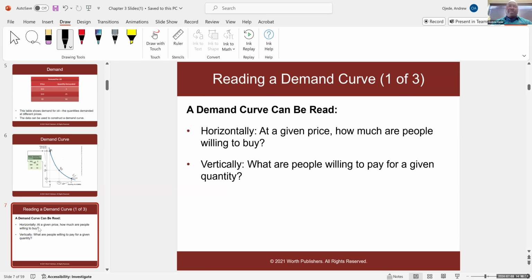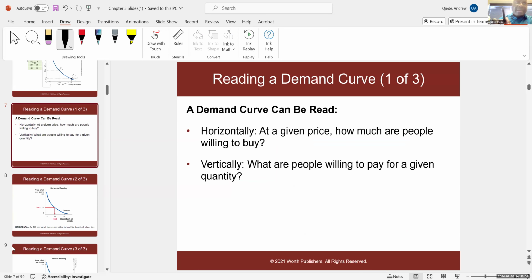A demand curve can be read horizontally, or it can be read vertically. When reading it horizontally, at a given price, you're showing how much people are willing to buy. When reading it vertically, you're showing what people are willing to pay for a given quantity.